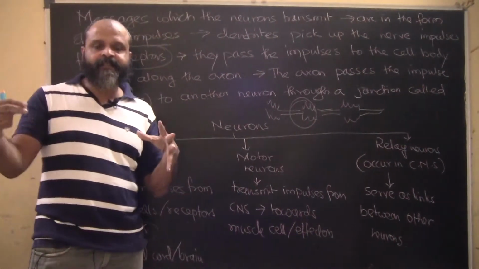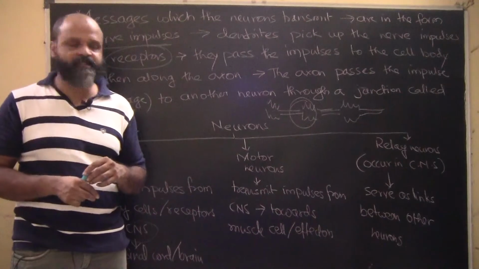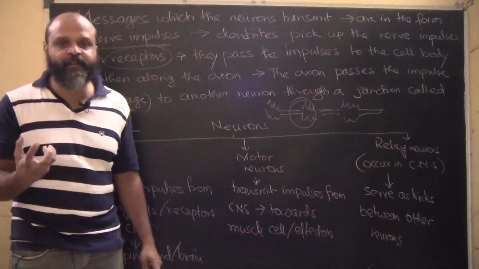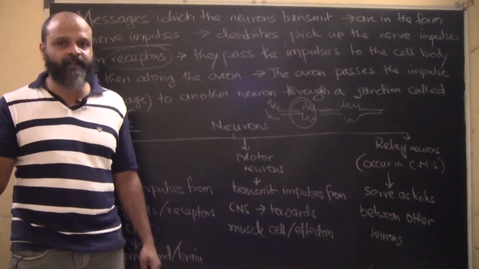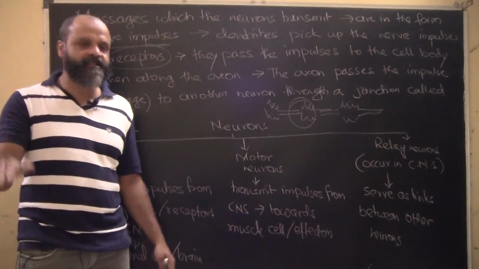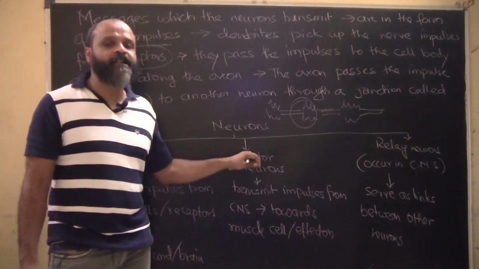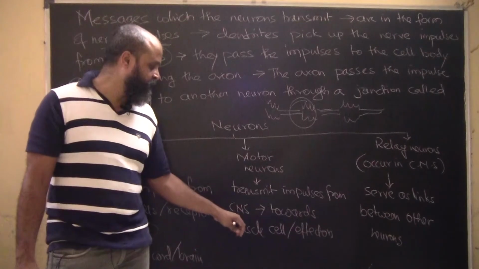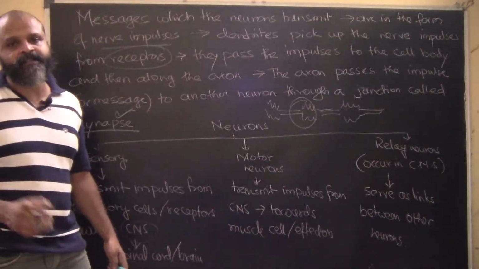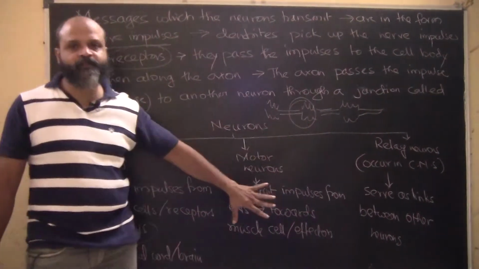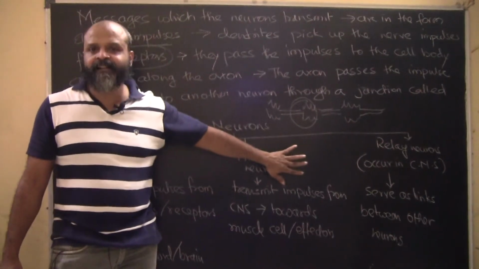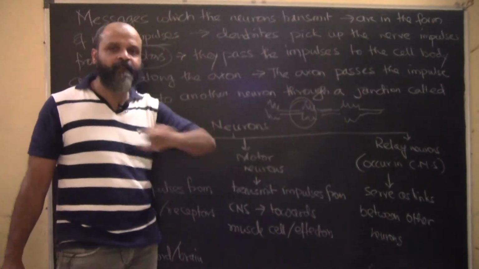Once this information passes to the central nervous system, it decodes and knows what needs to be done. A decision is made and the message is transferred by electrical signals, that is through motor neurons, to the effector muscles. For example, let's say this board is super hot and by accident I touch it, so my hand will immediately withdraw.